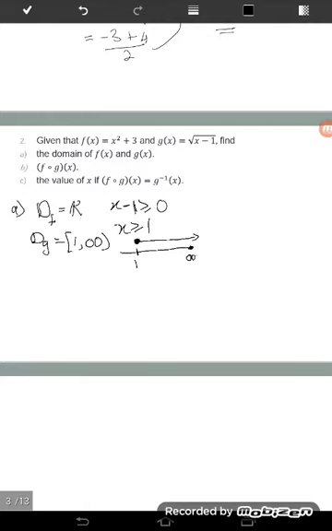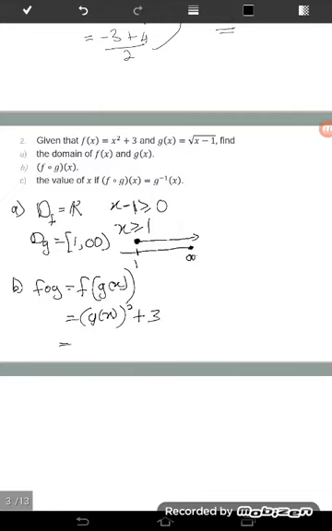So B, composite function of f and g. So f o g is equal to f, where inside the f we substitute with g(x). Just now f is x squared plus 3. So x, we substitute with g(x). Therefore we have g(x) to the power of 2 plus 3.